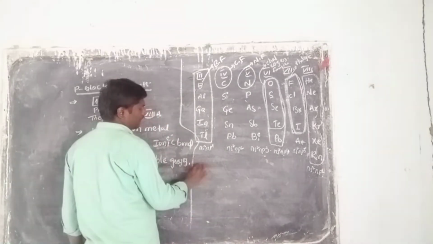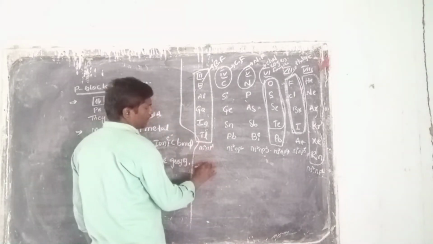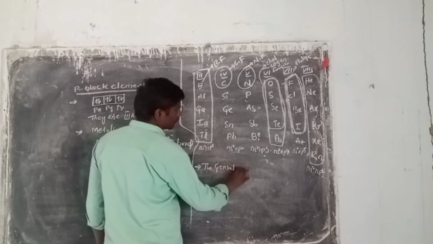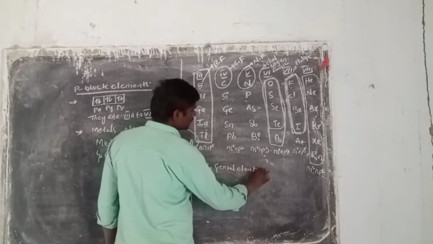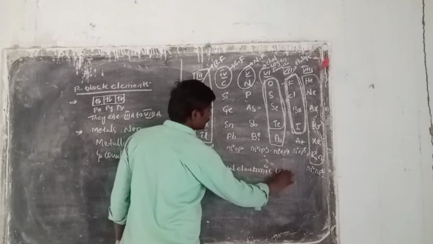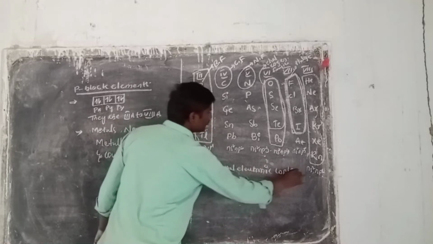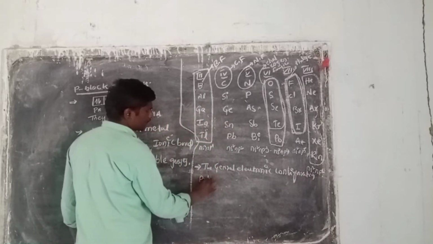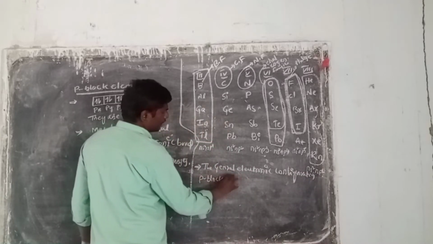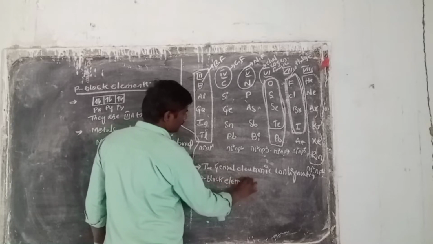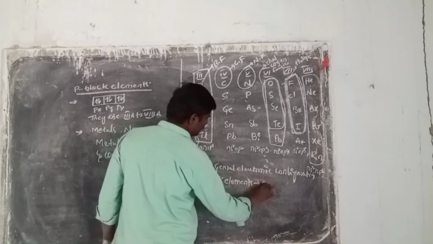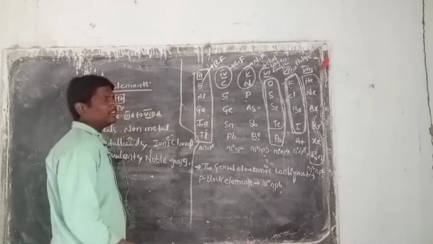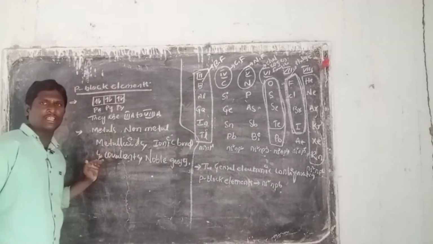Finally, we write the general electronic configuration of p block elements: ns2 np6. This is the information about the p block elements.